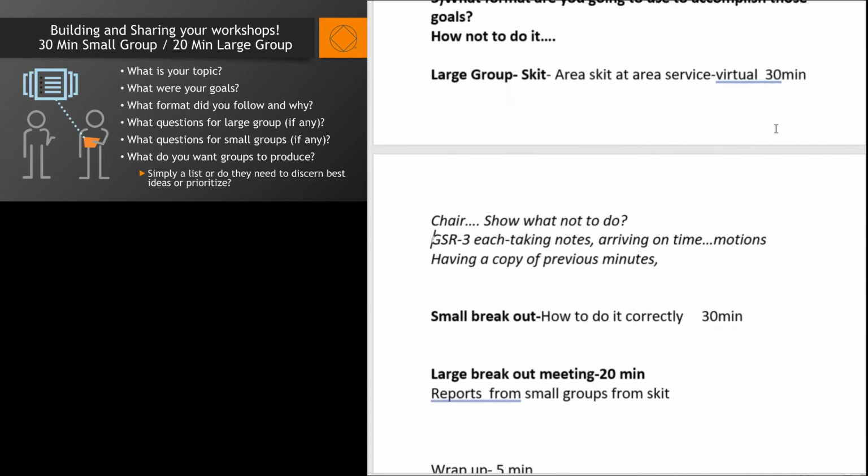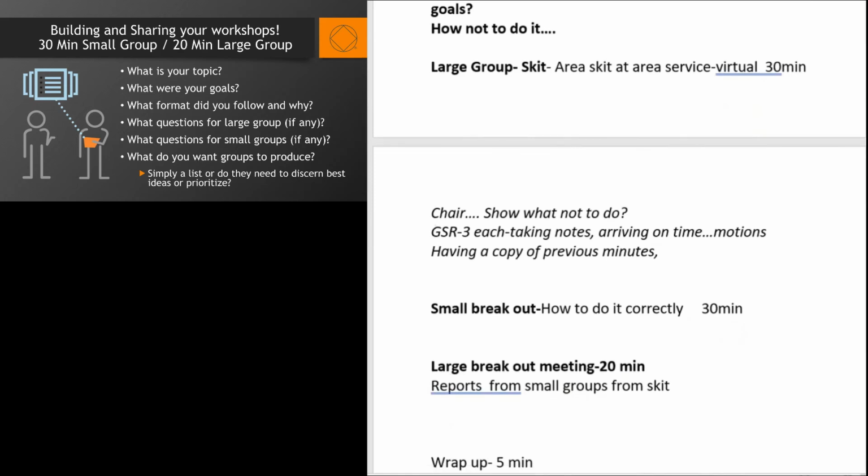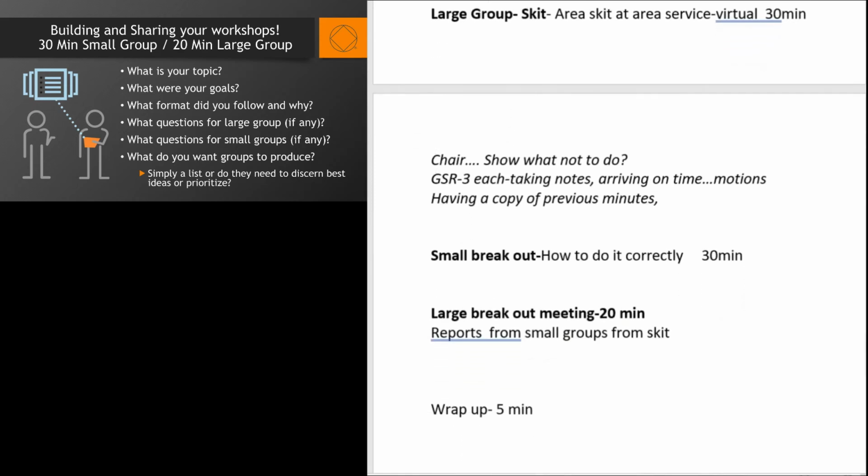And then it says, what format are you going to use to accomplish these goals? So we decided that we would do a large group with a skit. We decided we were going to do the skit with GSRs that have already been GSRs, and they would probably act out what worked for them in the past, and maybe mistakes they've made in the past that didn't work.